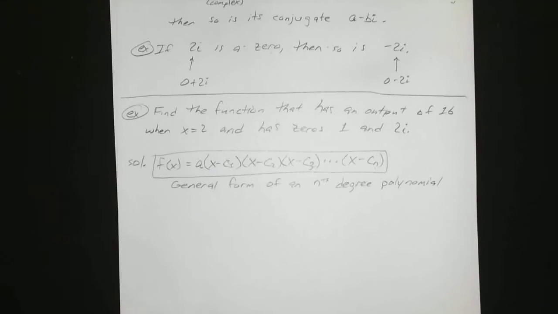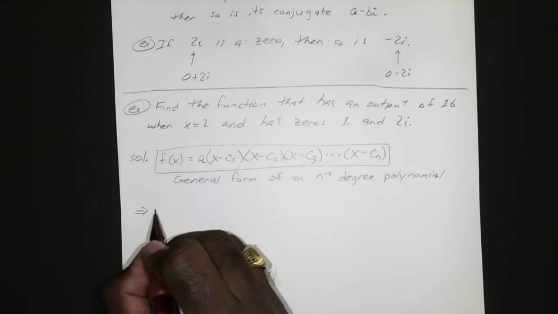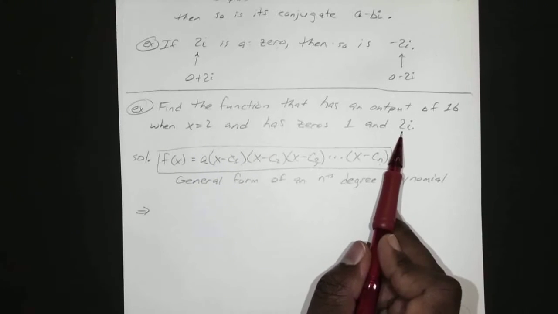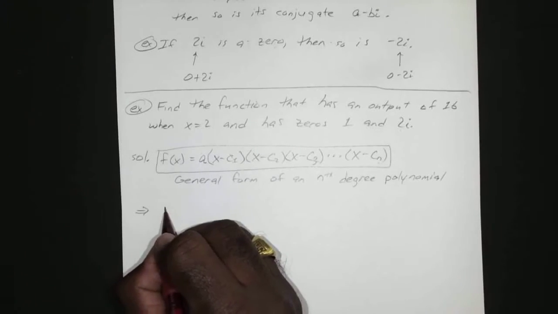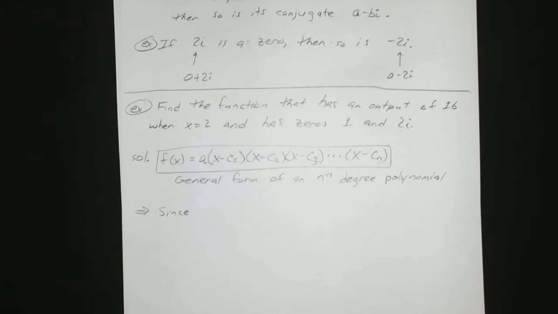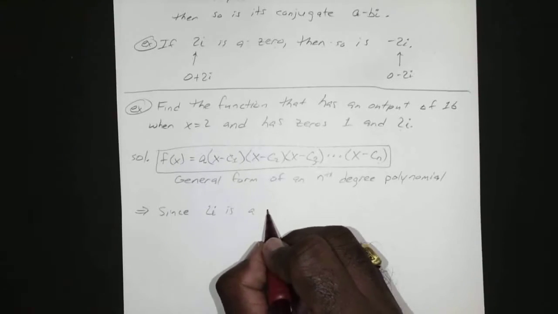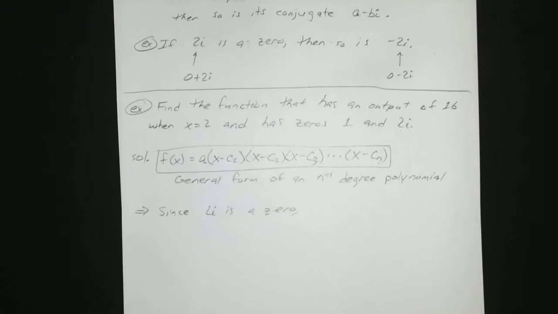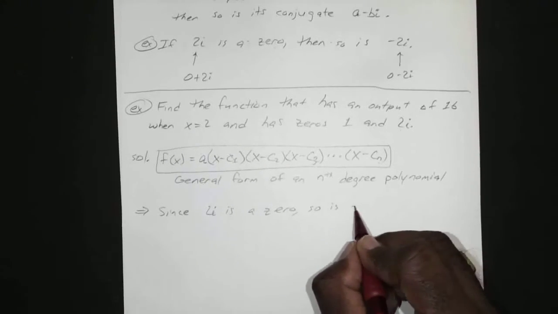Okay, so for this one, we know that since 2i is a 0, so it's negative 2i. Actually, this should have been third degree. Since 2i is a 0, so is negative 2i.